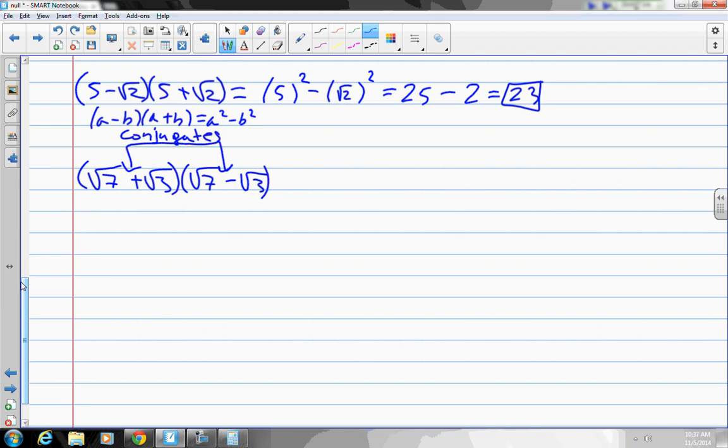Because if I apply the same formula, the square root of 7 squared minus the square root of 3 squared, difference of squares formula. So what does that equal to? 7 minus 3, which is 4. Okay? Does that make sense? That's all right. We'll deal with that later. But that makes sense, right?